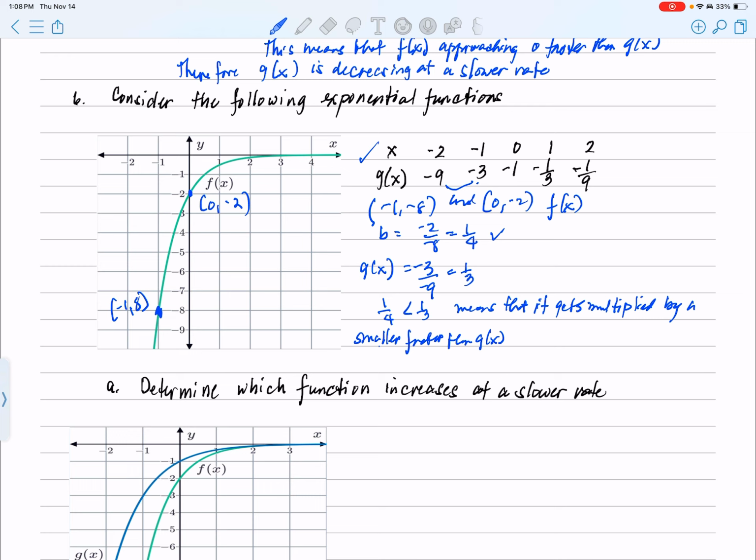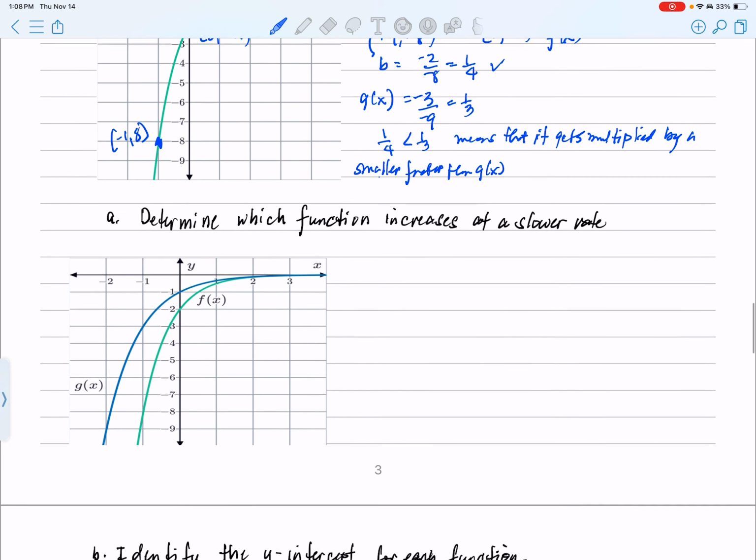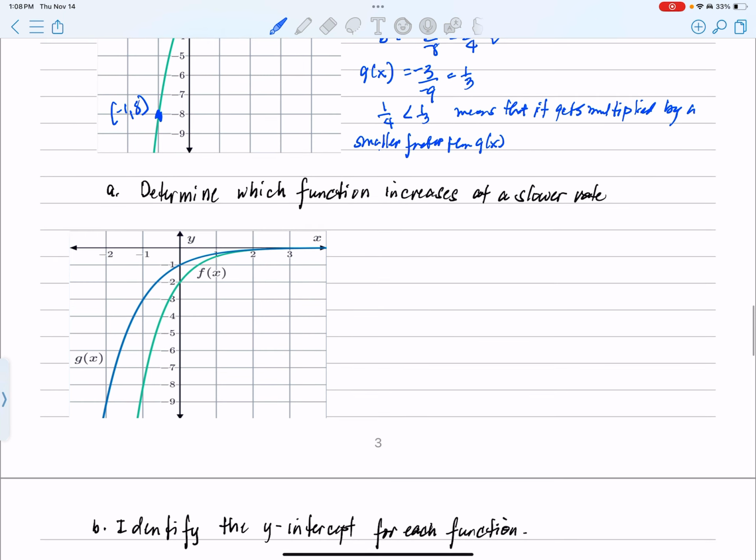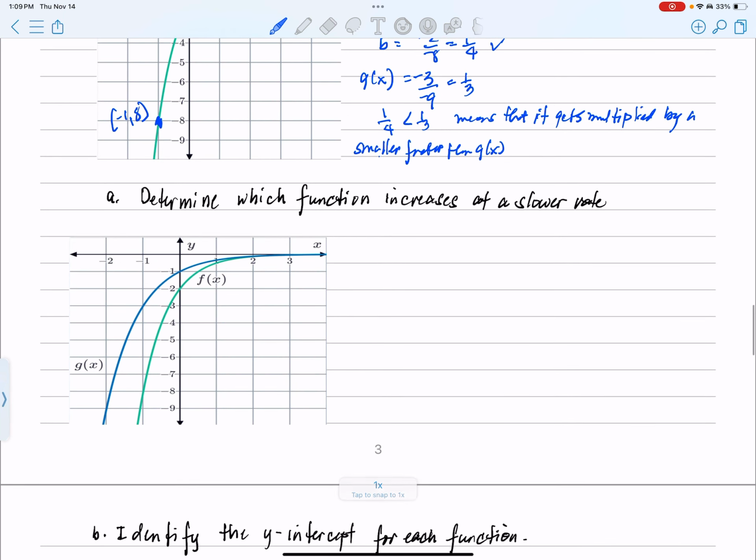By looking at the graph, you are asked to determine which function increases at a slower rate. So from there, we could say that g of x increases at a slower rate.